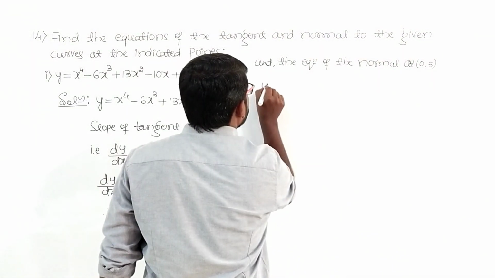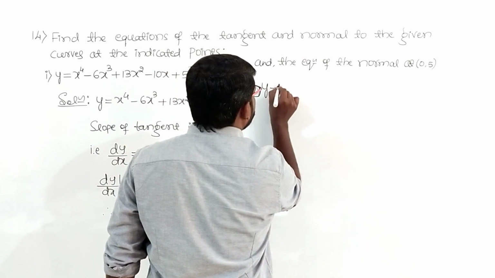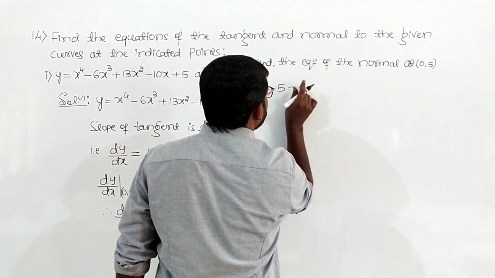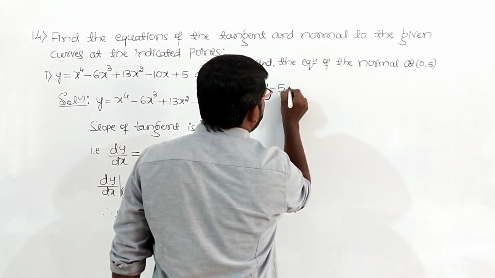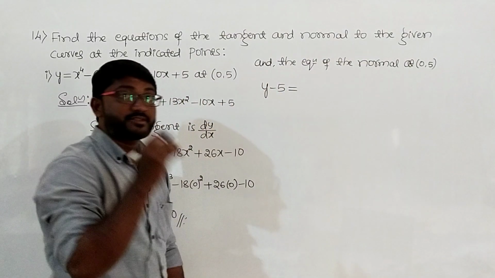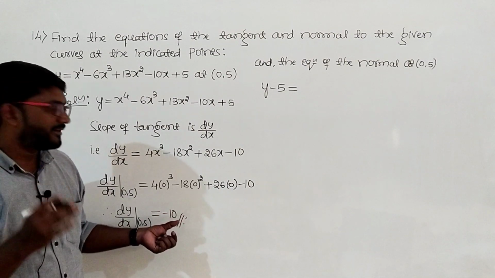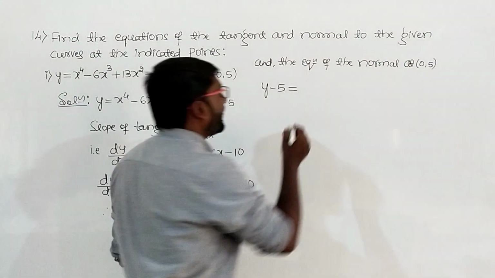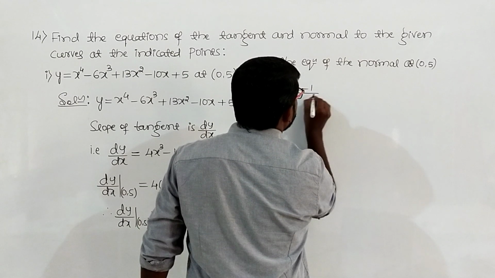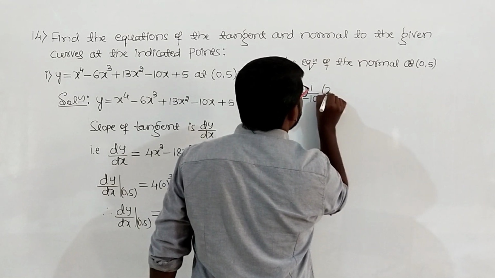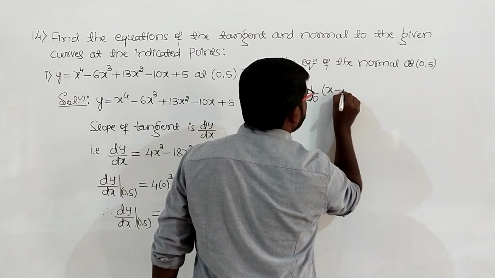So it is y minus y naught, it is 5, equals, what is the formula, y minus y naught equals minus 1 divided by f dash of x naught. So we have to take minus 1 divided by minus 10, so minus 1 by minus 10 into x minus x naught, it is 0.